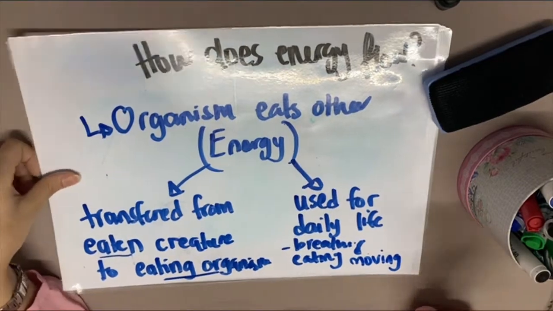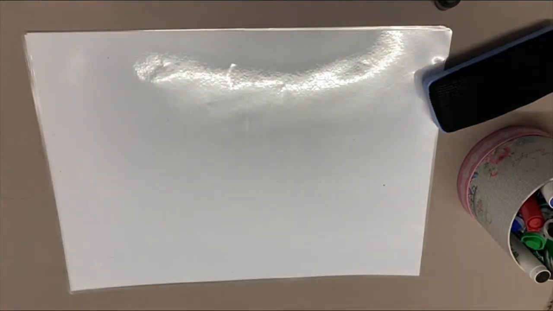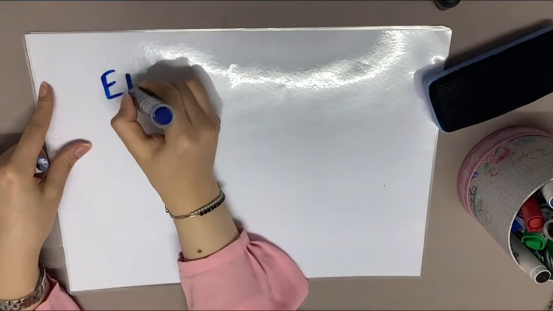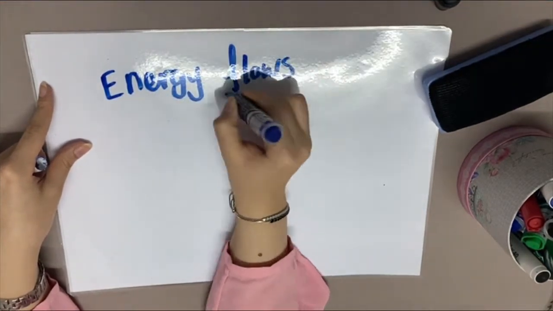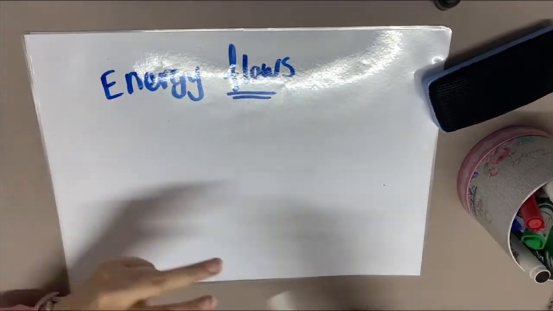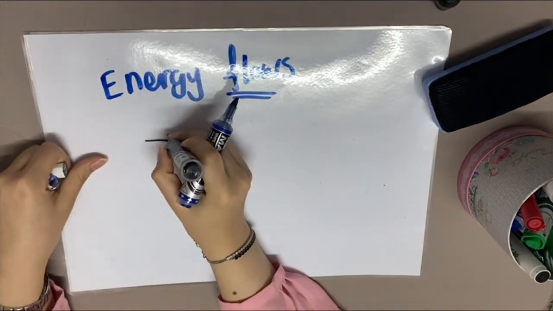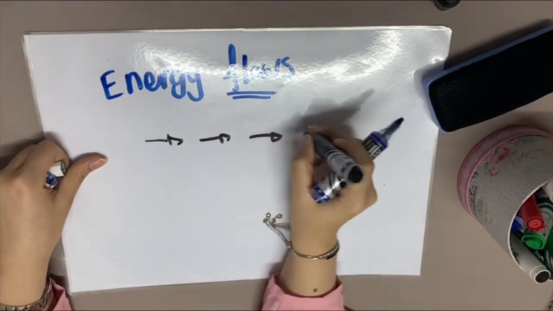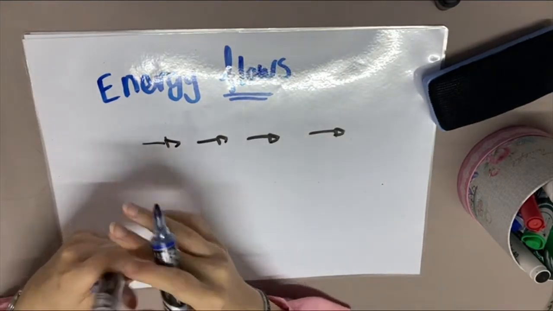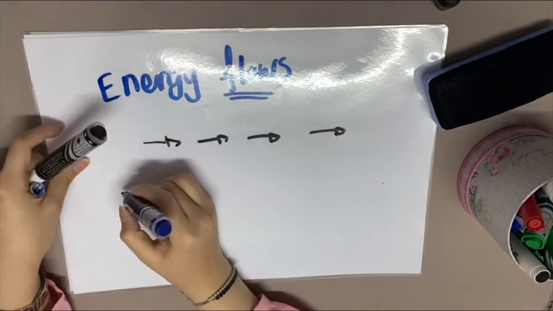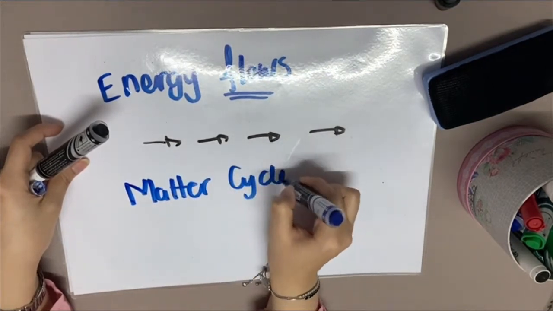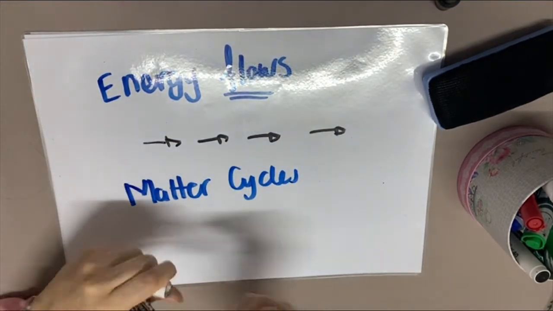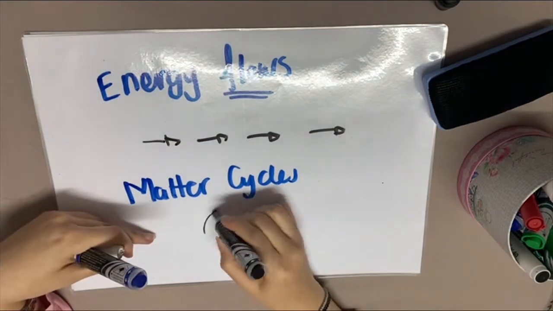So when it comes to energy, energy flows. This is a very important point we need to look at. It flows like this. It never goes back to its original source, but matter cycles. And we're going to look into how matter cycles.